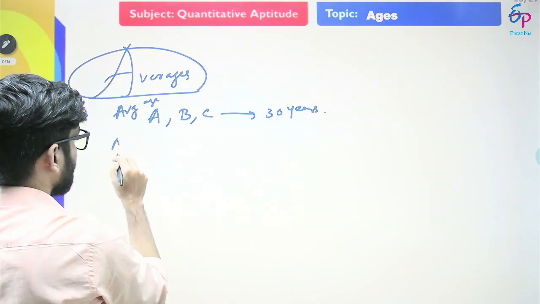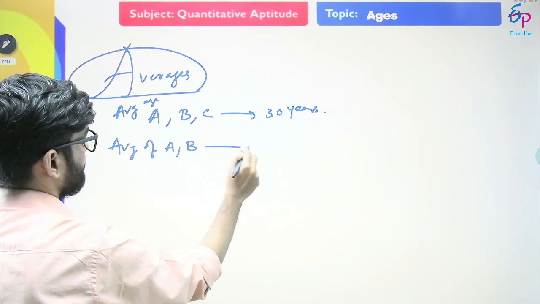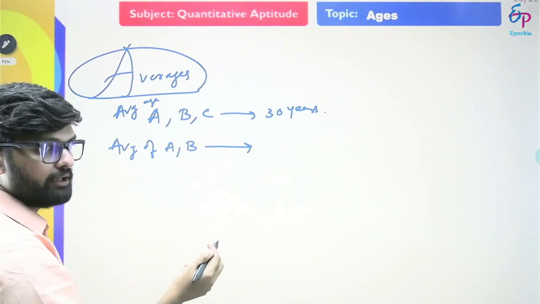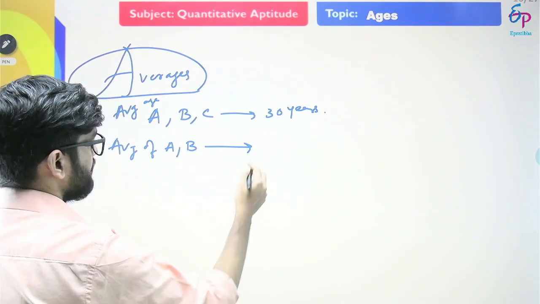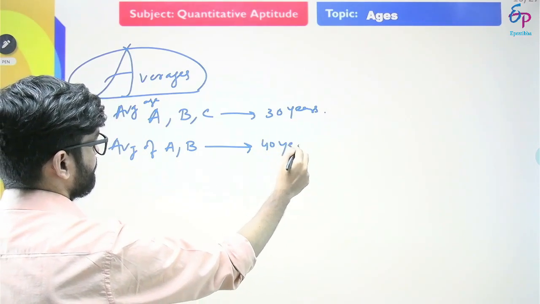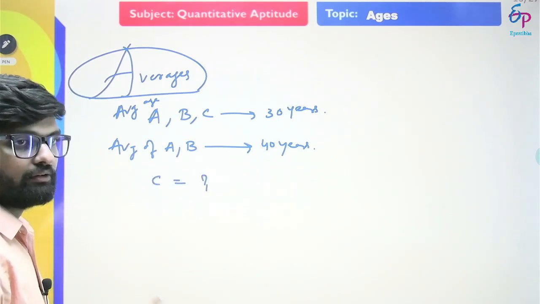The average age of A and B, only if two members are there, is, let's say, 40. What is the age of C? What is the age of C I want? The question is this one, right?